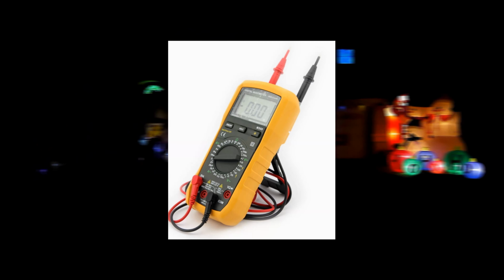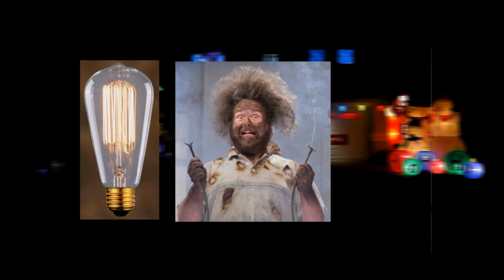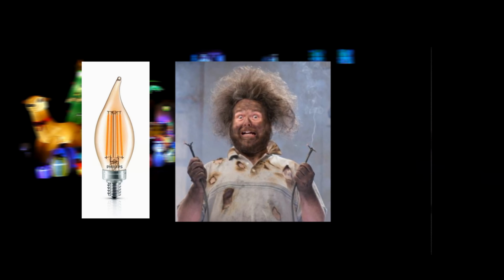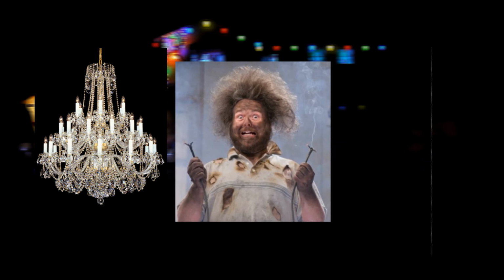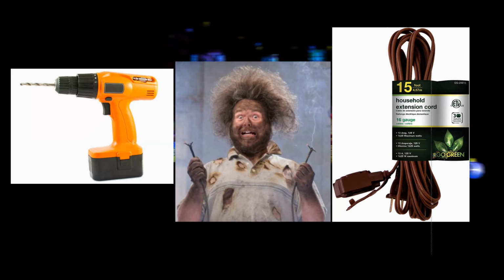Or you can do it my way and just plug it in, see what happens. The inflatables with the incandescent lights, I changed those to LED candelabra lights. Yes, chandelier lights. And I used a modified extension cord to connect them.